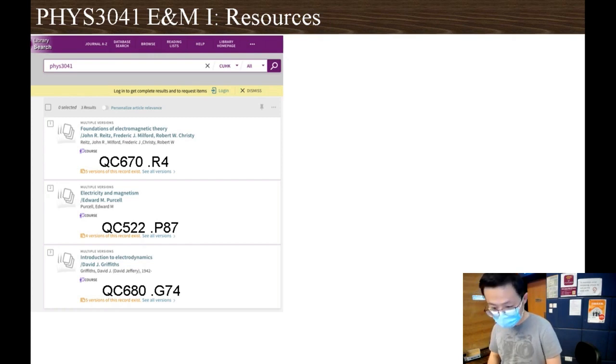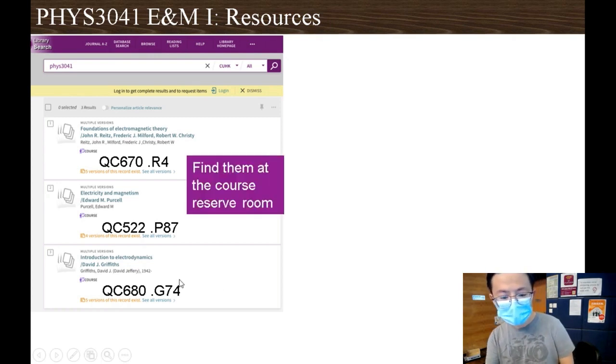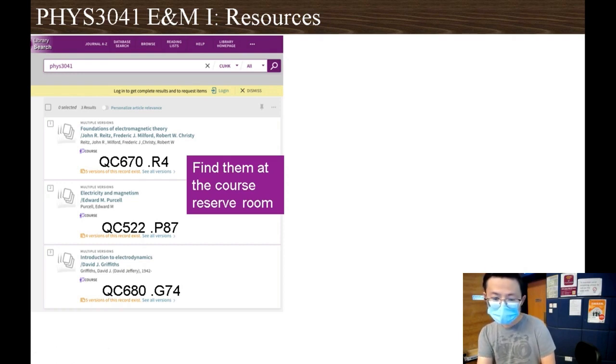All of them are in the course reserve room already, and there are 5 copies of the last one, which is also the most important textbook in this course.